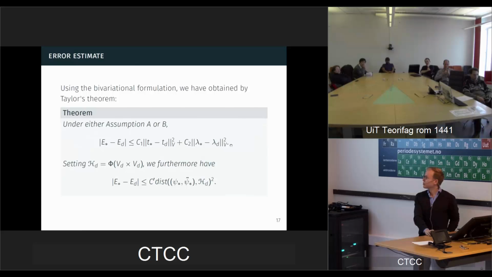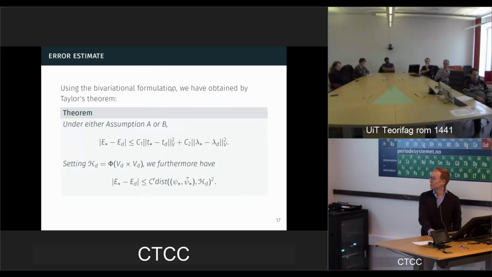Okay, so since we have the bivariational formulation, we know that the exact solution is a point for which the gradient is 0. So if we Taylor expand the energy, we get directly to second order. So here we have a more direct and simpler approach to obtain error estimates.